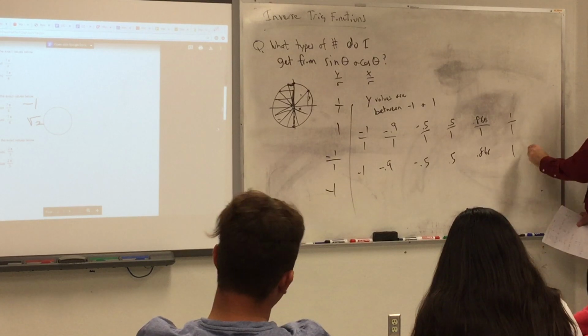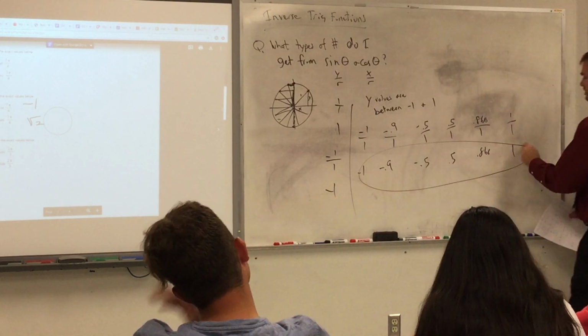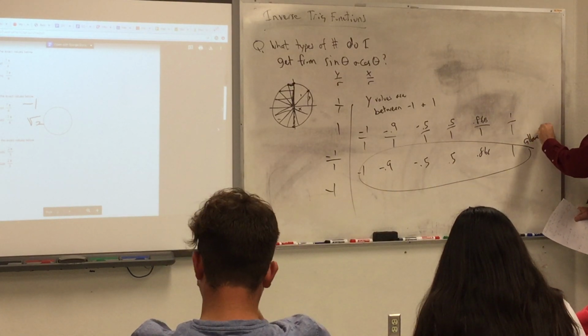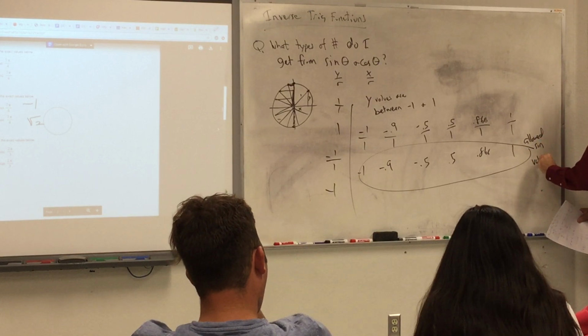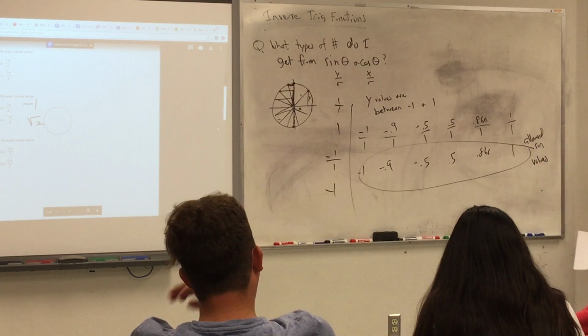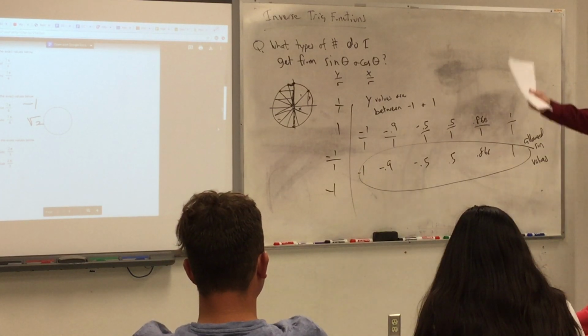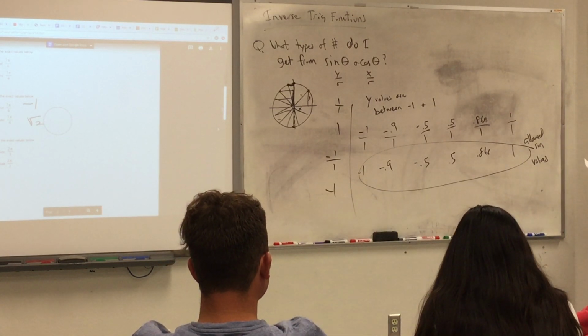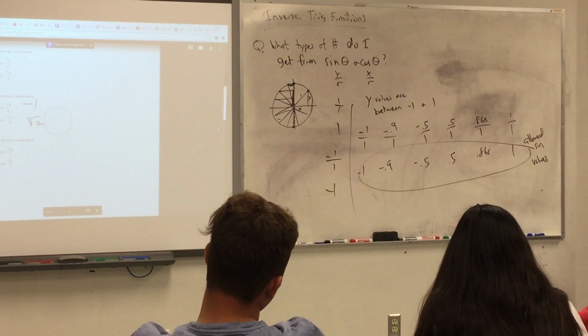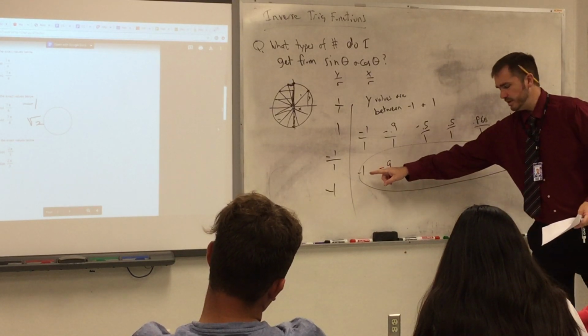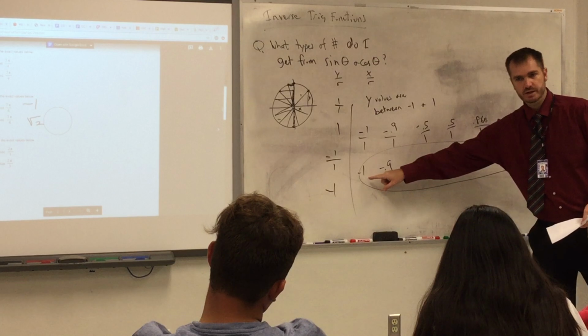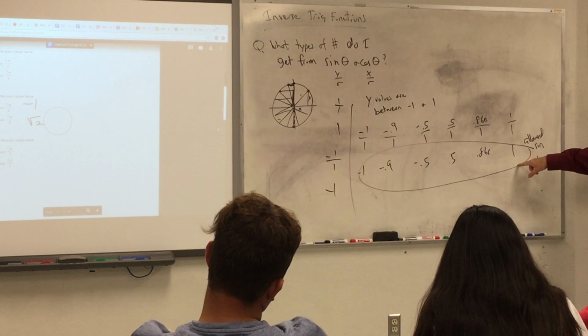These are my allowed sine values. So it looks to me like sine is kind of limited. If I do sine of theta, I'm going to get a number between -1 and +1.